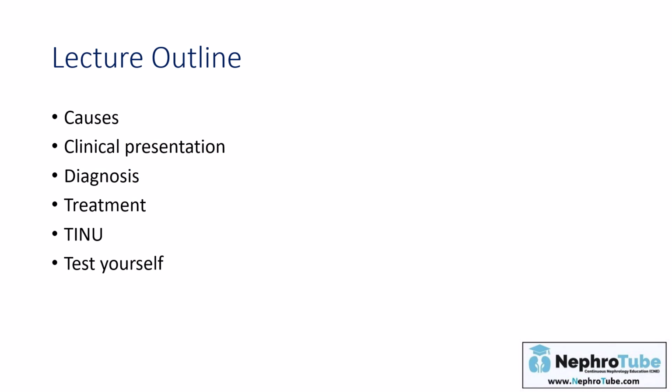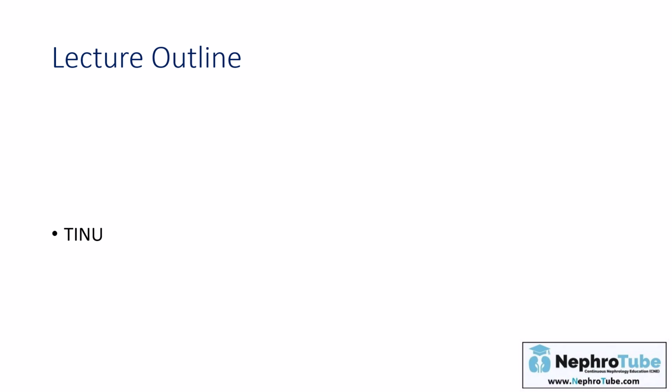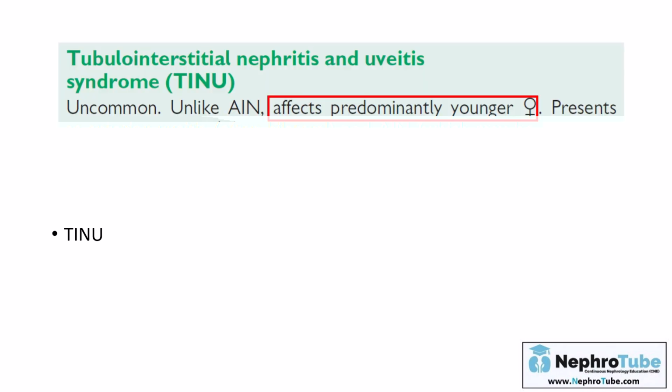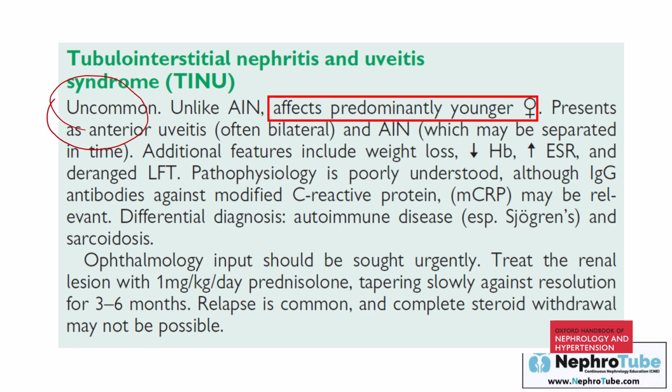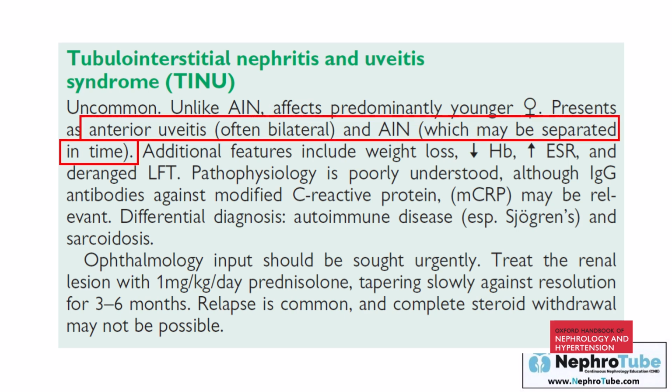The next point that I will discuss is tubulointerstitial nephritis with uveitis. Actually, this is an uncommon presentation. It affects mainly younger females. Younger females present with anterior uveitis, often bilateral, and acute interstitial nephritis, and a very important point is that they may be separated in time.